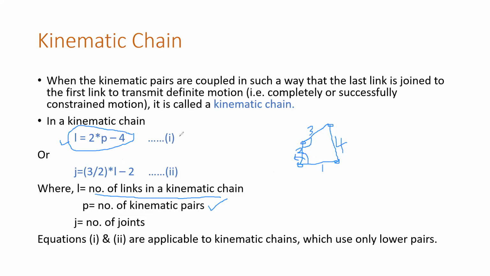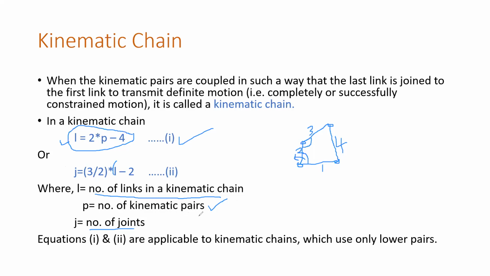You can use this equation to check whether an assembly given to you is a kinematic chain or not. Next, you can use the second equation, where L you are familiar with, but what is J? J here is the number of joints. A joint is where two links are connected.